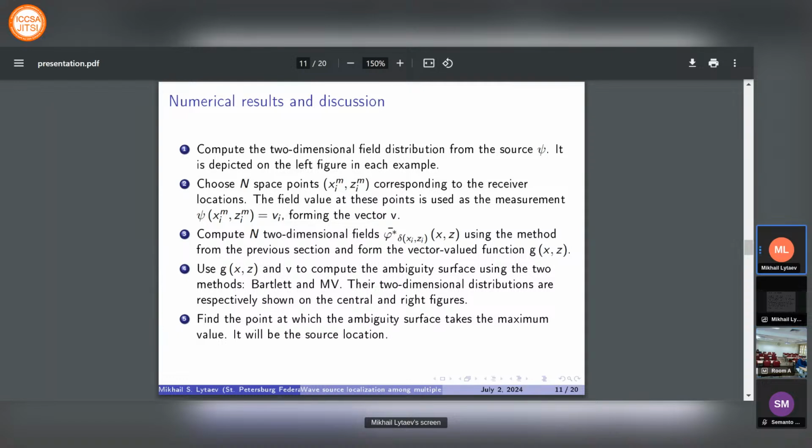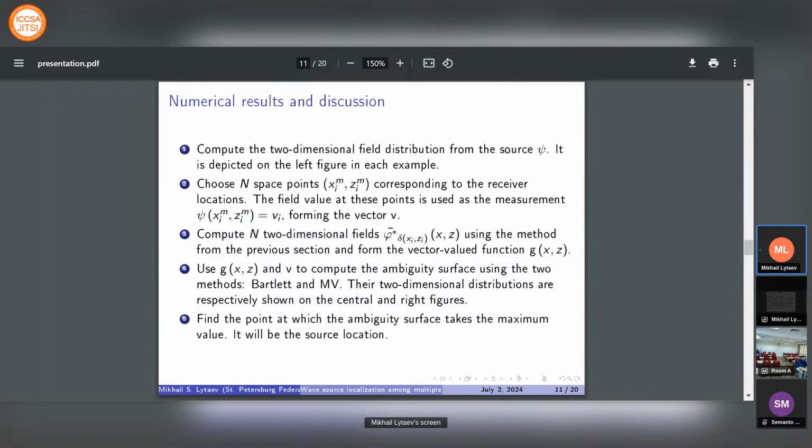And it gives us an opportunity to compute the vector function g, which is a Green function valued vector. Next, we use it to compute the ambiguity surface using the two methods, Bartlett and minimum variance.